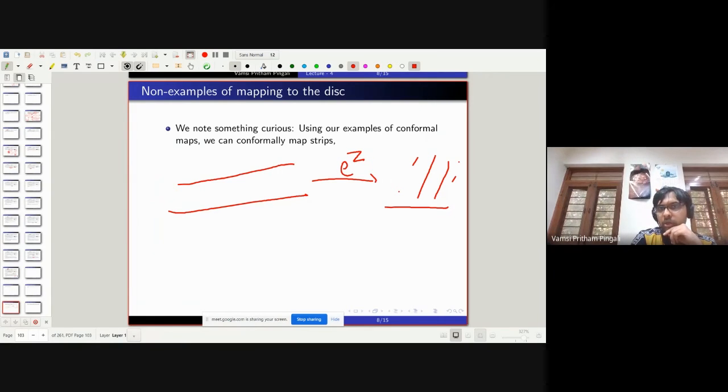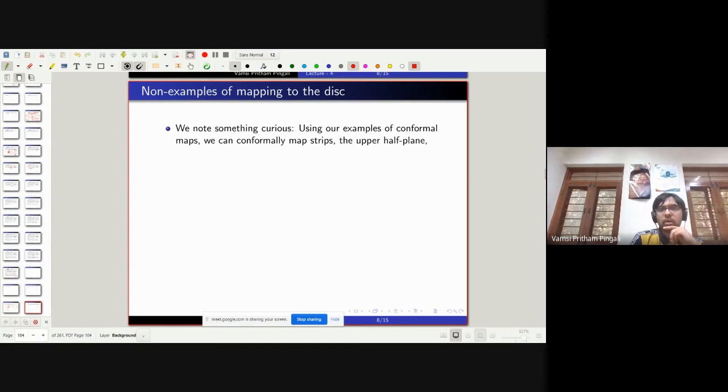I think you might have to map this to one of these. We can map strips, the upper half plane, the hemi-disk, sectors, etc. to the unit disk. In other words, we can map all of these things using some very nice conformal maps to the unit disk. So the question is, what property made this possible?